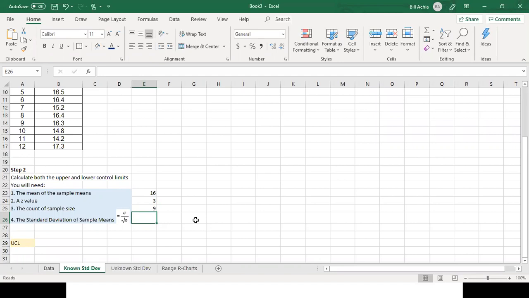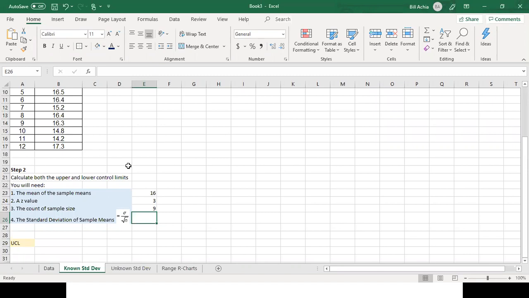And then the final thing that we need to know, one thing I forgot to mention, is when you're running your SPC, you have to ask yourself, do we know the standard deviation of the data or do we not know? So in this first example, we're going to assume that using historical data, we know what the population standard deviation is.